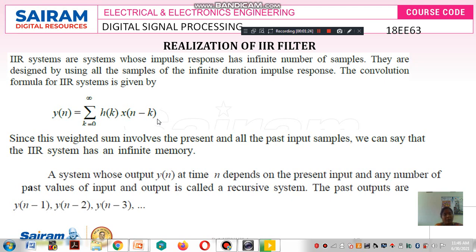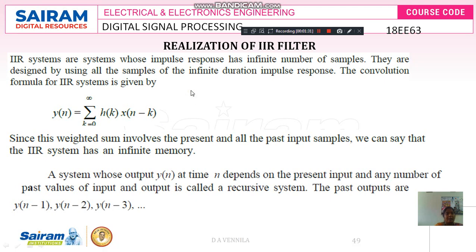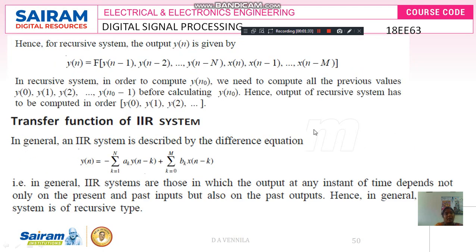The present input is x of n and the present output is y of n. A recursive system y of n consists of both past and present inputs as well as outputs.